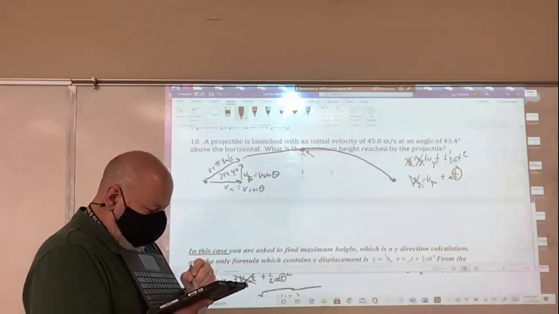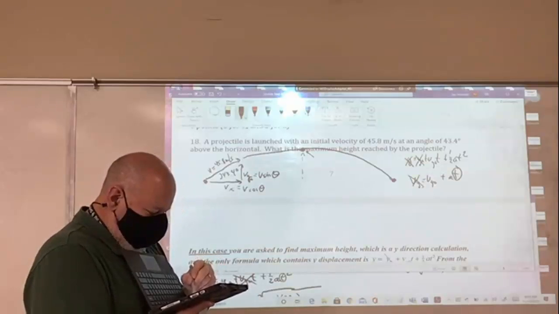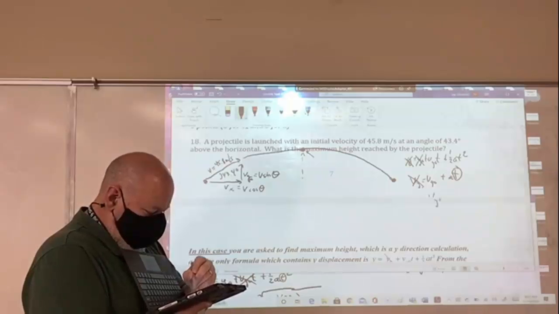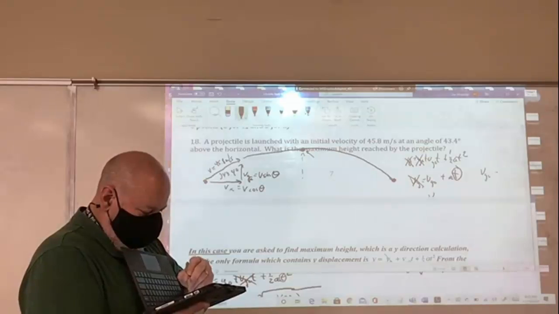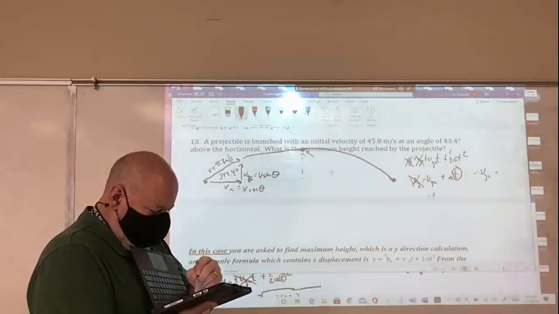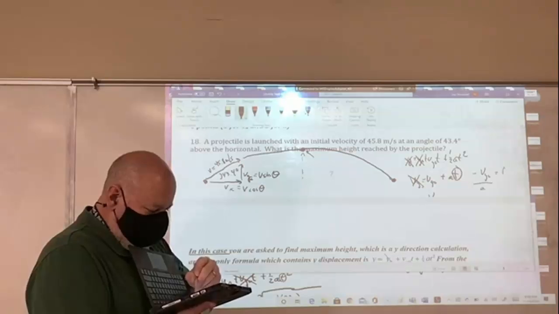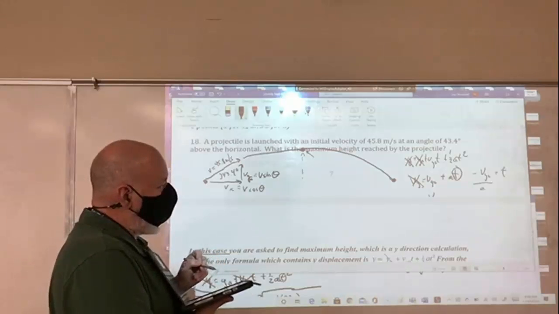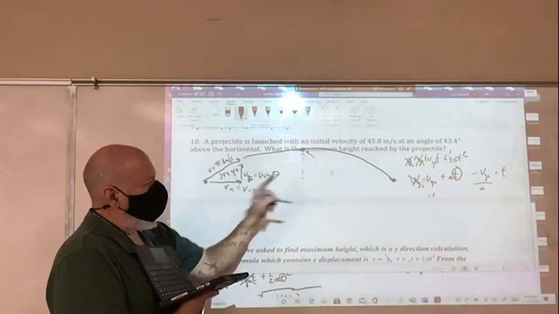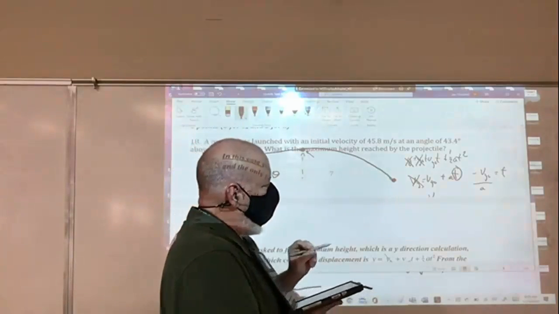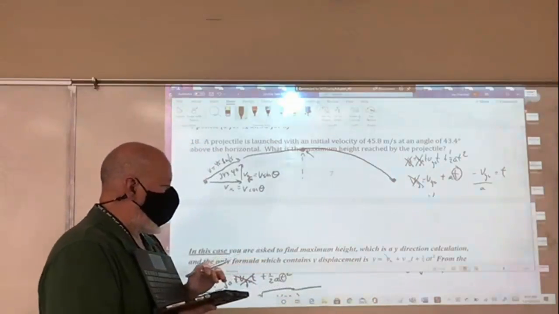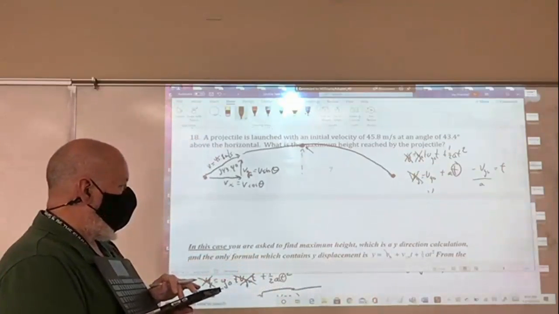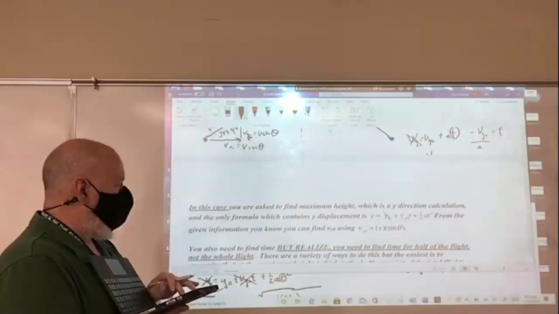So in order to find time, I'm going to have to subtract Vy0 from both sides and then divide by A, and that's going to give me time. To find half the flight, I need to divide my original y velocity by A, and then I can go back and plug in time.